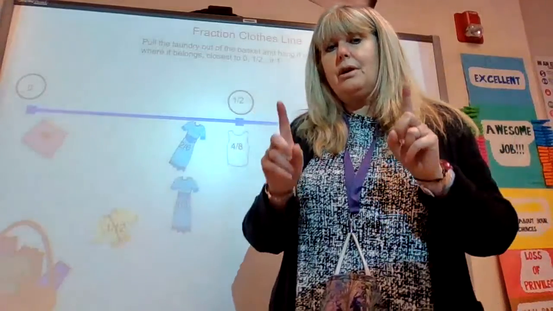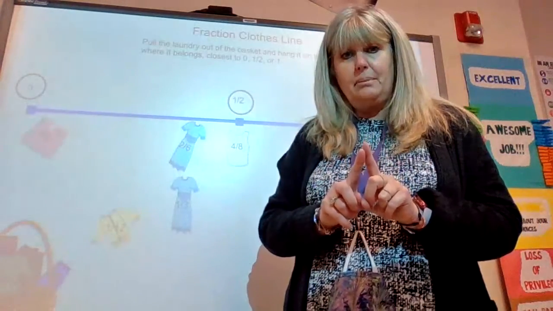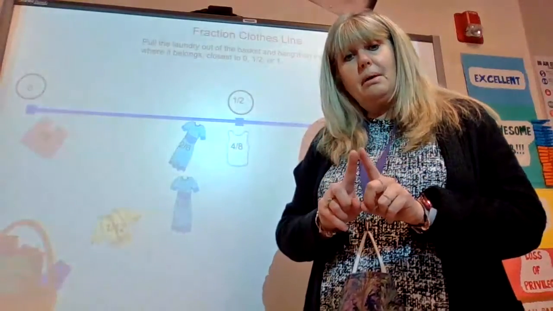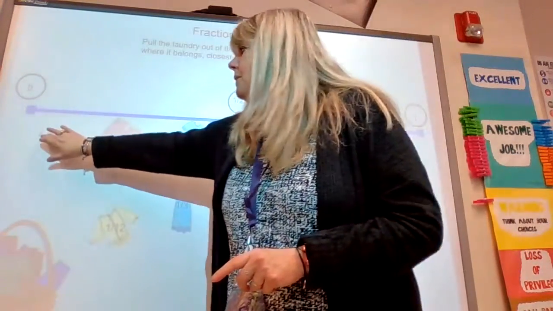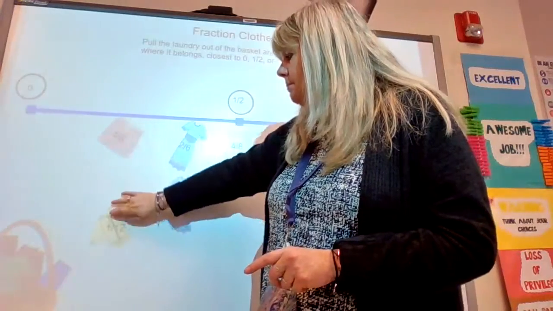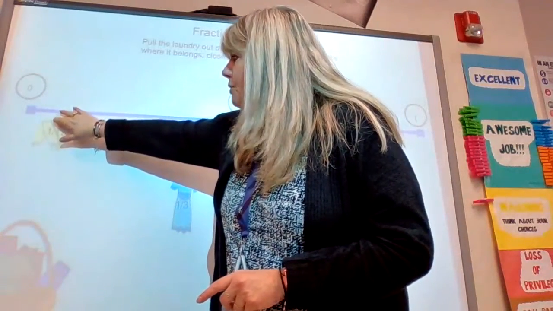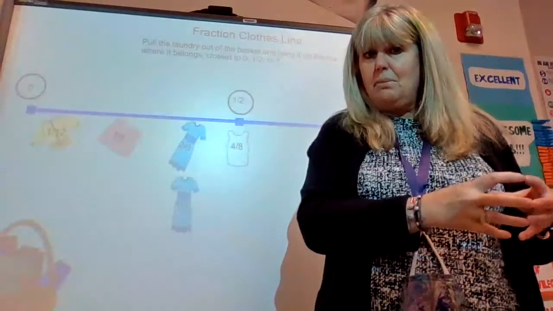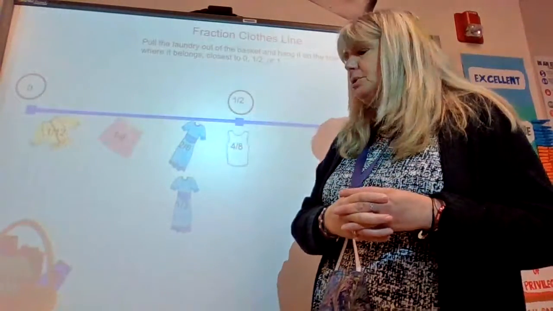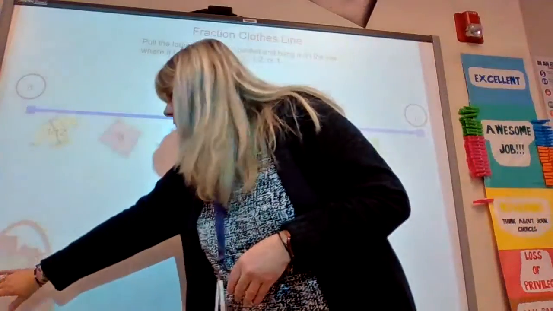If the numerators are the same, then we look at the denominator. And the larger the denominator, the smaller the piece. So I'm going to move these swim trunks over, and I'm going to put 1/12 closer to here because I know that 1/12 is going to be smaller than 1/8. So we're going to leave that like that for right now.